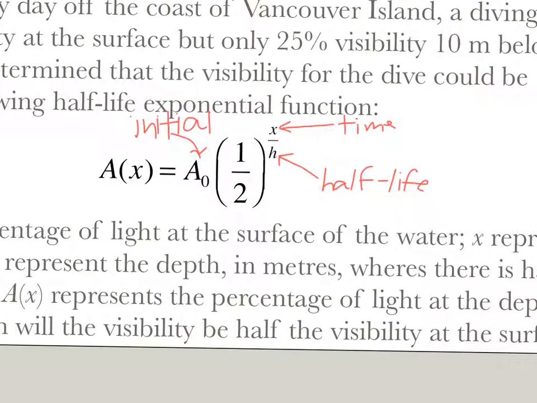It's usually time, but in this case, it's going to be distance, because we're talking about meters here. Usually it's time, though. It'll be like, how much uranium is there after 320 years or something, and you could calculate it that way. And A of X is the final amount. So A stands for amount.